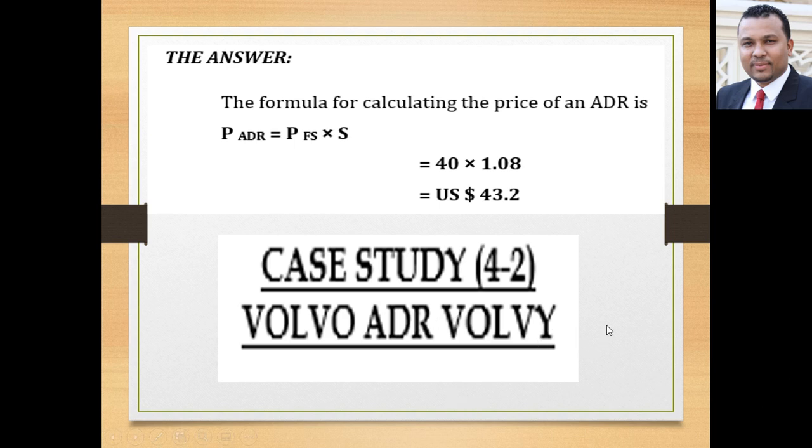This is the ticker, or the abbreviation. The depository institution is JP Morgan, ADR Group, and some other institutions. Volvo also trades on the Stockholm Stock Exchange under the ticker VOLV B. So, in this case, Volvo, a Swedish corporation, issues ADRs in the US market, and the same company can issue depository certificates in Sweden.